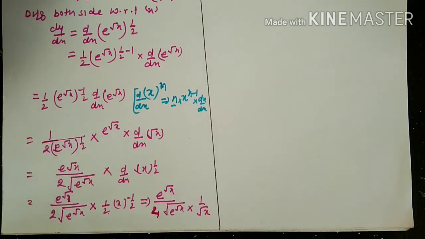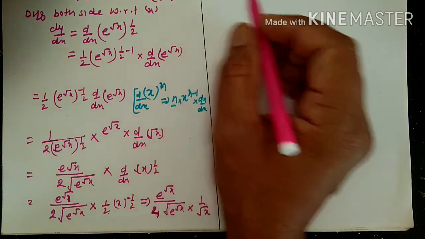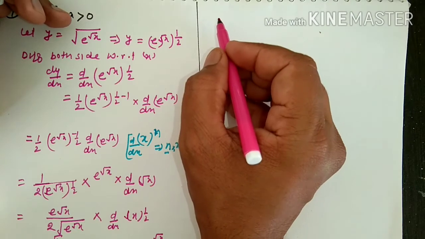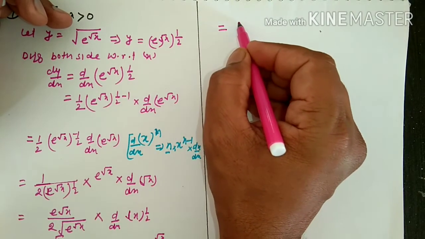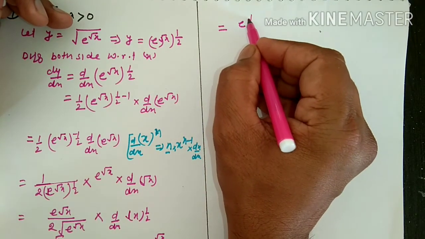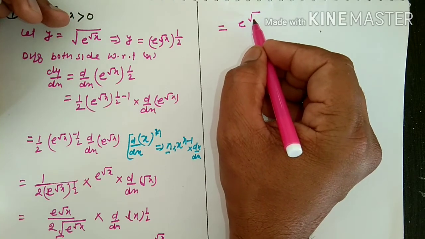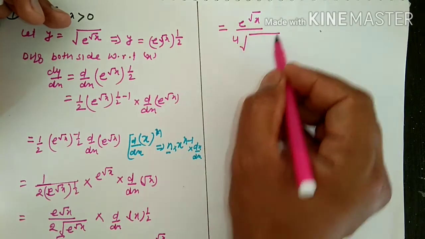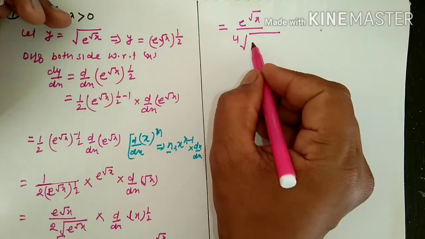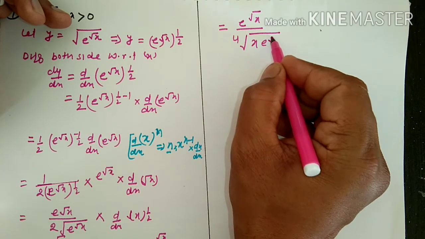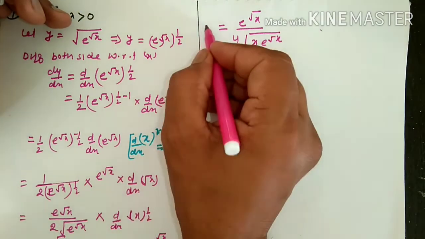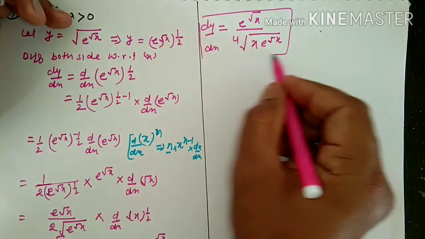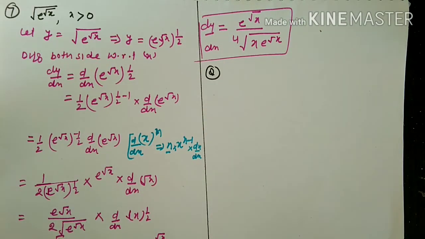So the result, finally we can write it as e to the power root x upon 4 root x root e to the power root x. Clear? So that is our dy upon dx. Clear? Question number 8.